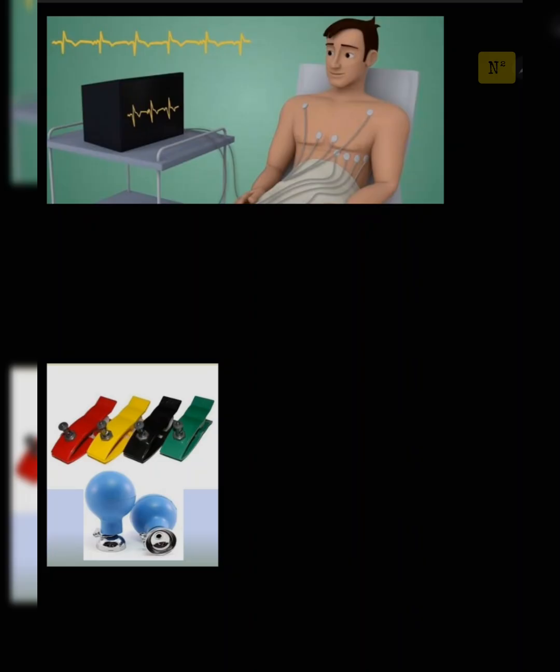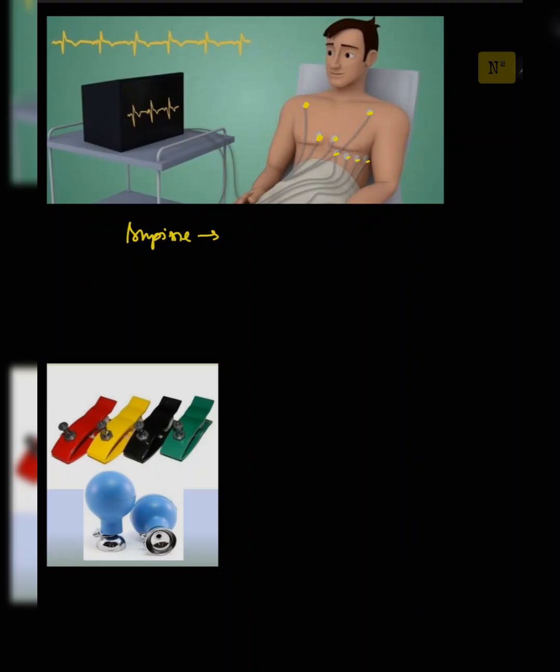So whenever you see a person doing his ECG, a patient's ECG being recorded, first of all they lie down in a supine position. Okay, this is not a typical positioning of the electrodes.